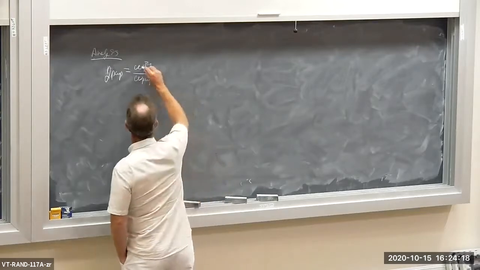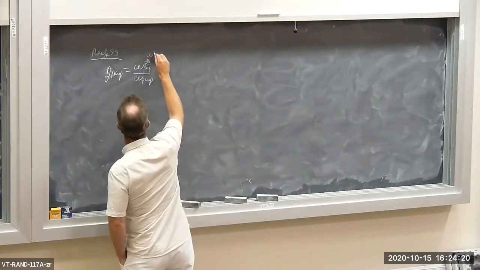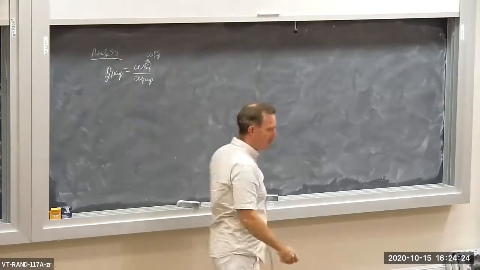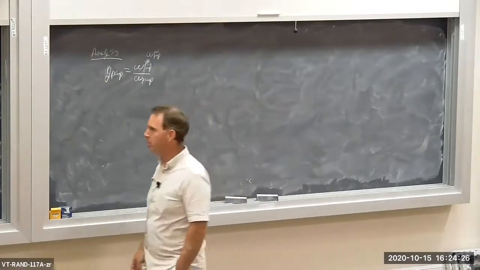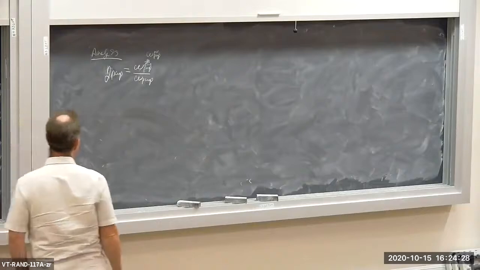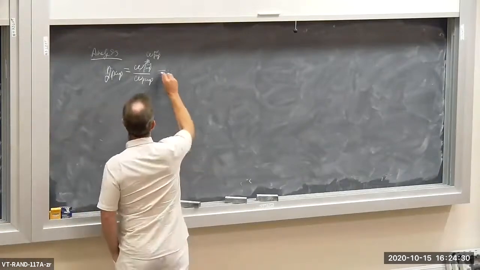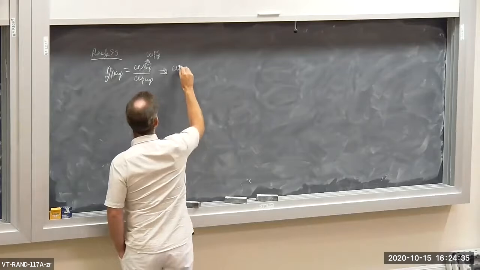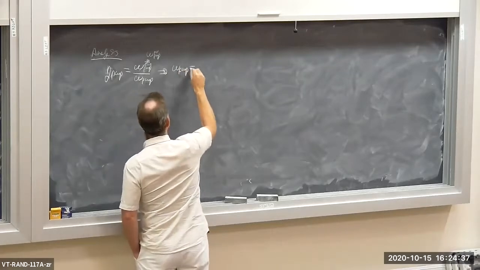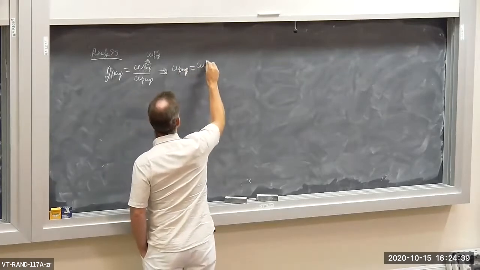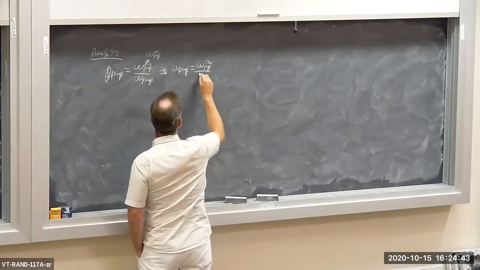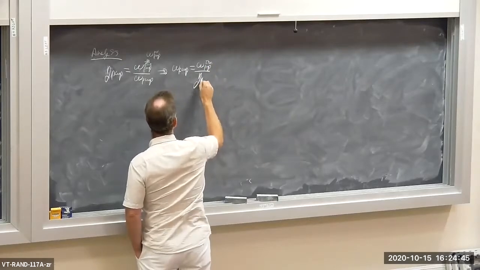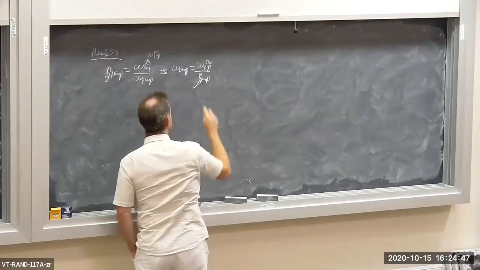So what I really mean is W dot reversible pump. That means W pump, the specific pump work, is equal to the isentropic pump work or the reversible pump work divided by the isentropic efficiency of the pump.